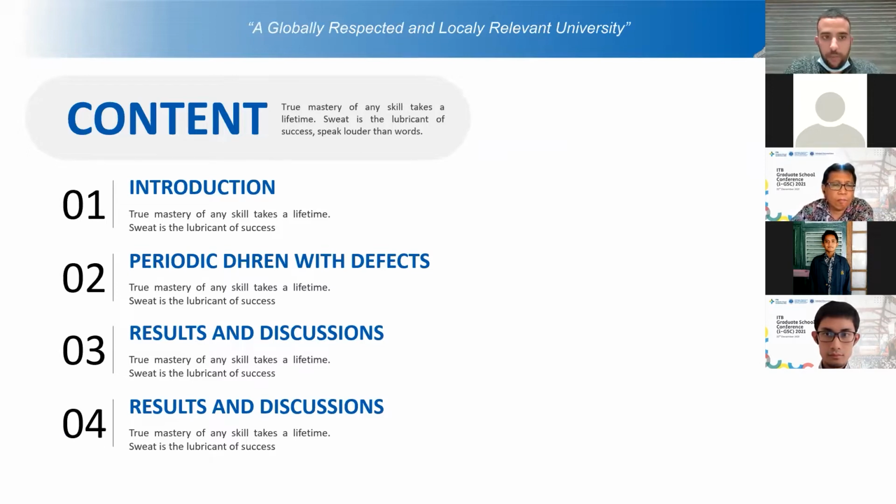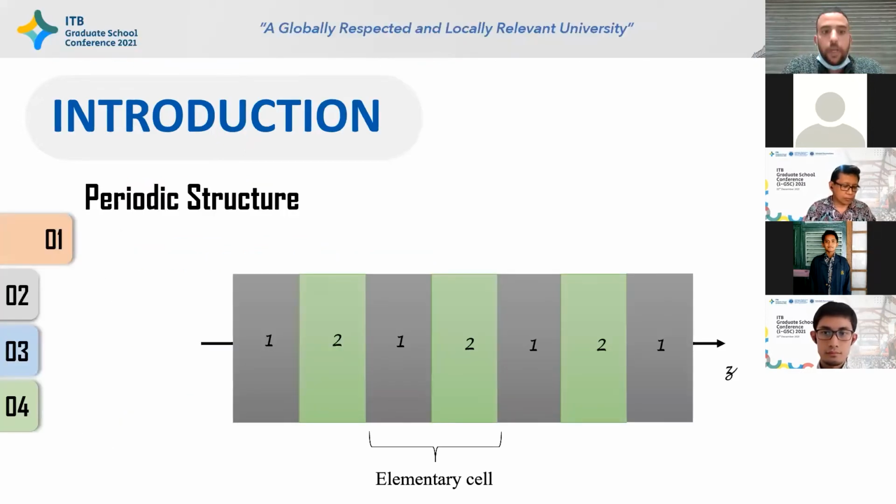As for the plan, I will start by giving a general introduction of periodic structures. Then I will move on to the proposed periodic structure. Sir, for the interaction with the voices, I believe that you can hear me all right. So a periodic structure in the general case is a set of elementary cells that repeats itself along an axis.